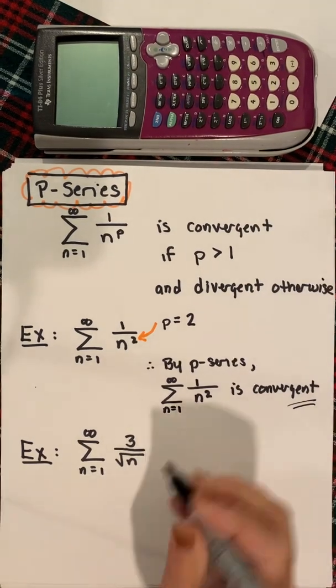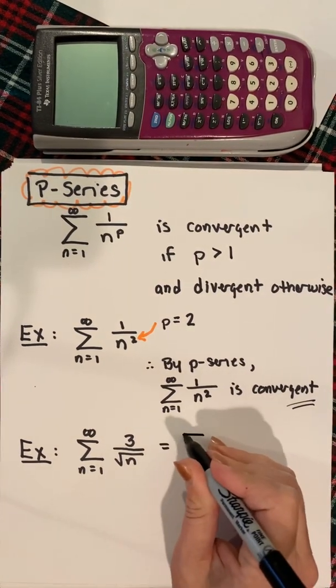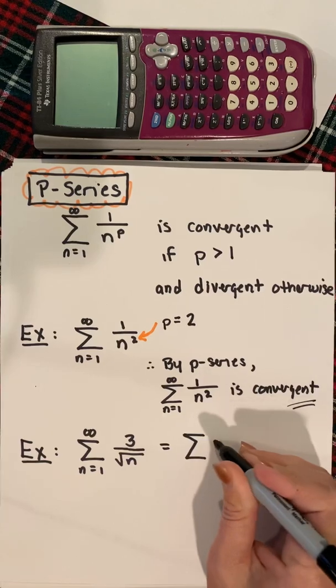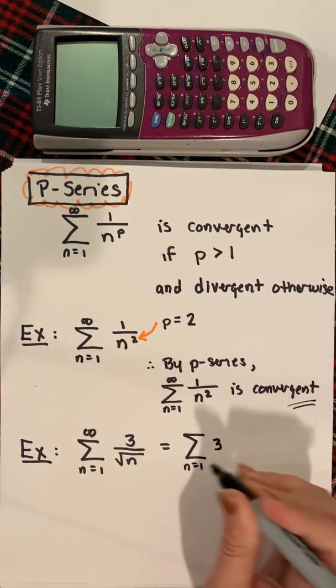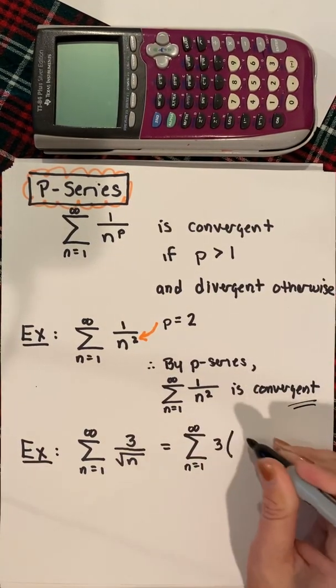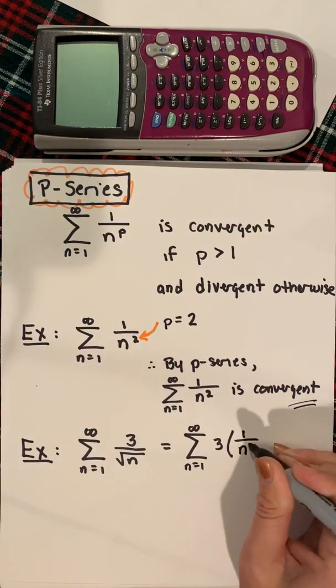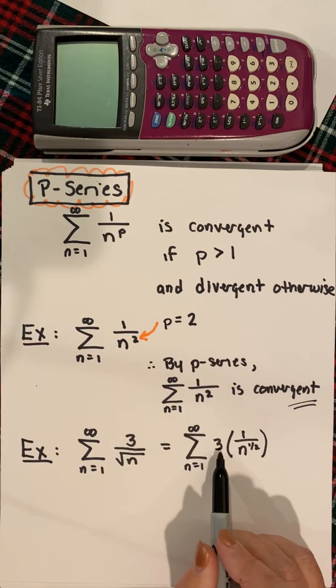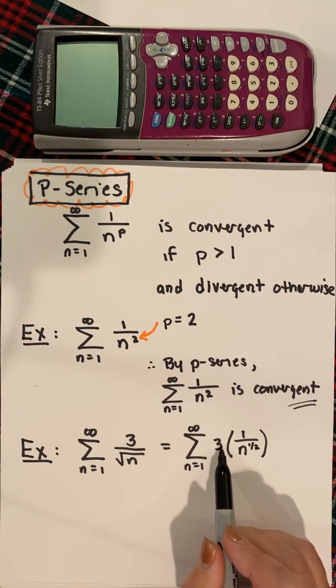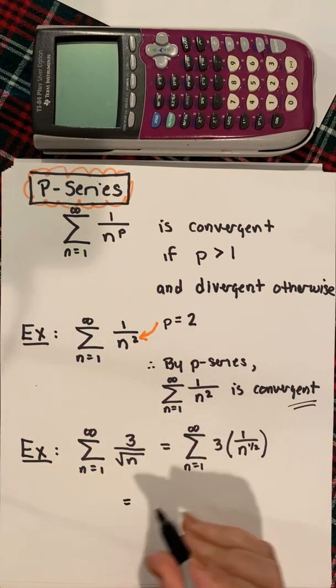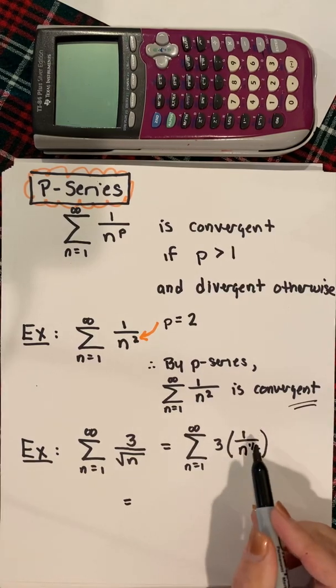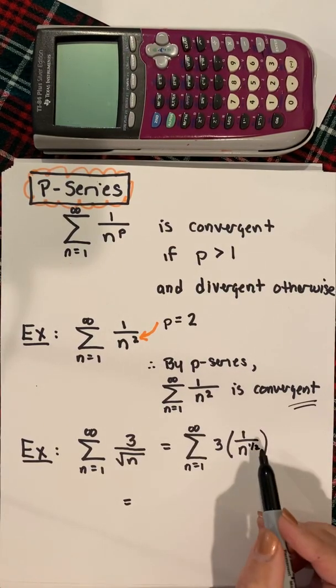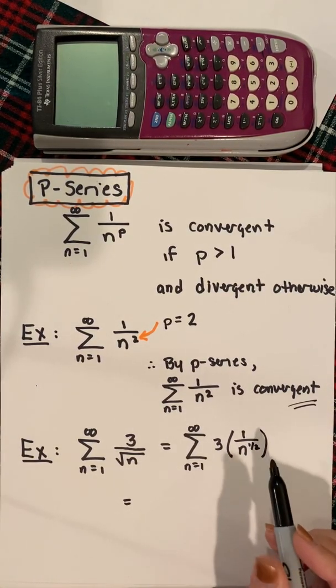Now this is actually a p-series in disguise, because we can think of this as 3 times 1 over n to the 1/2 power. The constant here does not have the power applied to it, so we can bring it out front, because it's 3 times 1, then 3 times 1 over the square root of 2, then 3 times 1 over the square root of 3.